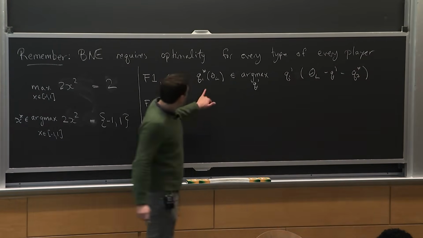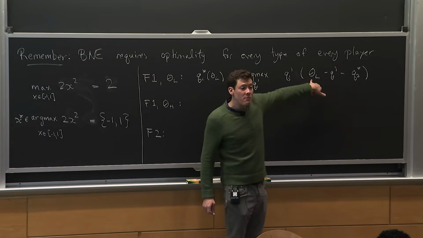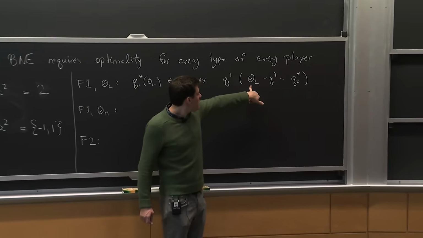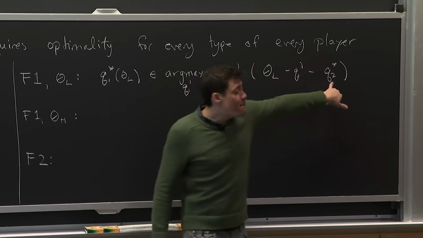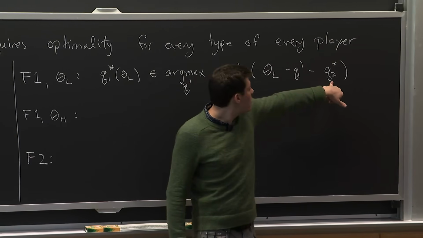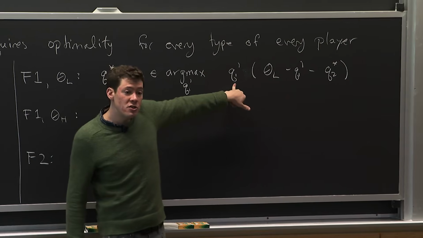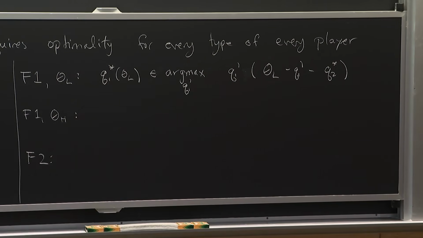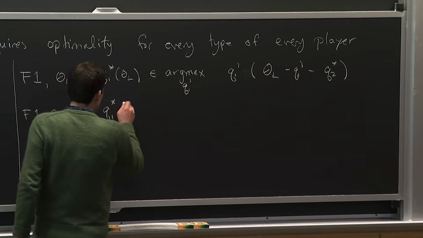Because I know the state is theta L, I use theta L when I'm computing what the market price is going to be. If I'm firm 1 and I choose quantity Q1 prime, and I believe that my opponent is following the equilibrium strategy of producing Q2 star, then this is going to be the market price. And I'm going to make that for every unit I produce, which is Q1 prime, and that's going to give me revenue. Okay. Now we're going to get a similar formula for theta H.